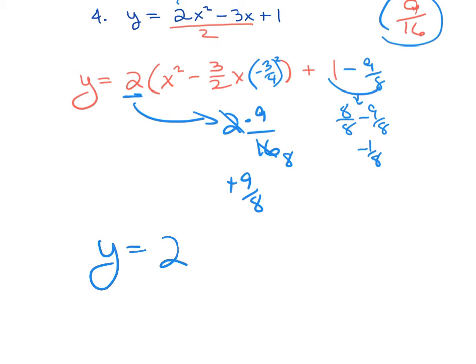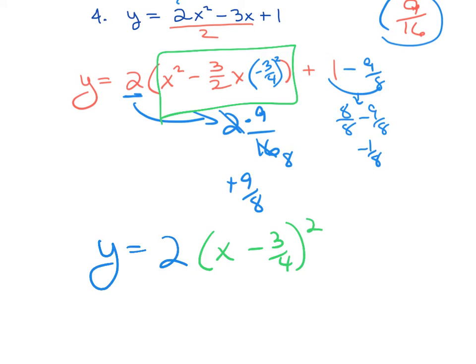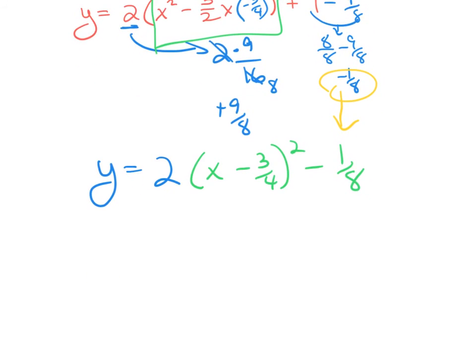This thing factored is just x minus 3/4 squared minus 1/8. So this is that. It's now in vertex form. So my h is here, my k is there.